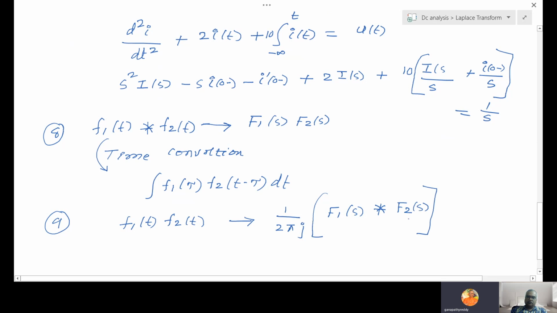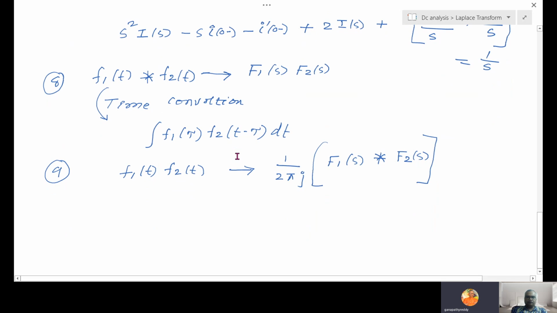So this is frequency convolution, and here time convolution. Time convolution is useful in inverse Laplace transform. Using all these properties, we can find the transform and also the inverse transform.